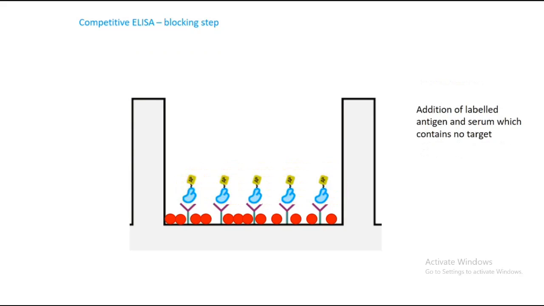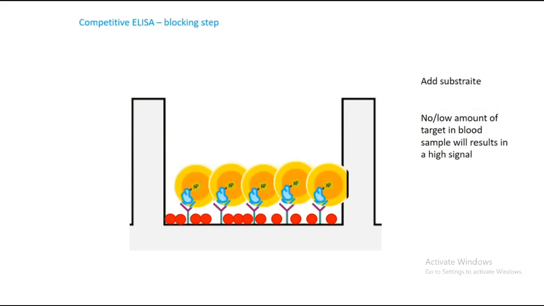So addition of labeled antigen and serum, which contains no target, means that all the labeled antigen will bind to the antibody, and when you add the substrate, you're going to get a high signal. In summary, no or low amount of target present in the blood sample will result in a high signal.